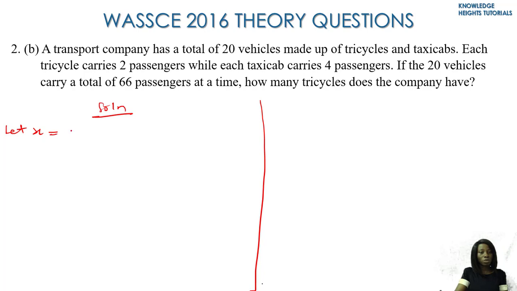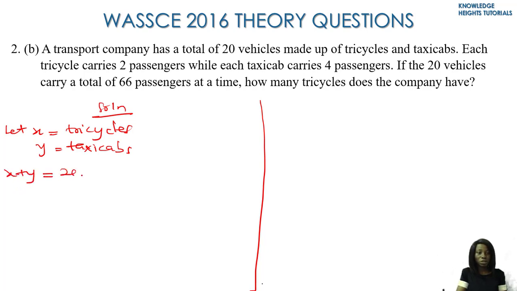So x will represent the tricycles and y will represent the taxi cabs. They said they have a total of 20 vehicles. So it means that x plus y is equal to 20. I hope you are with me. x plus y is equal to 20. That gives us our first equation.